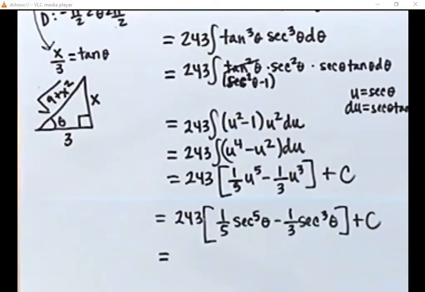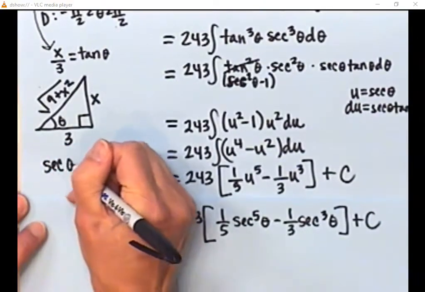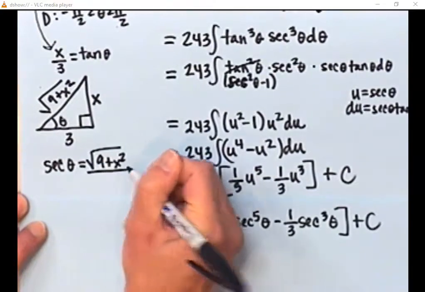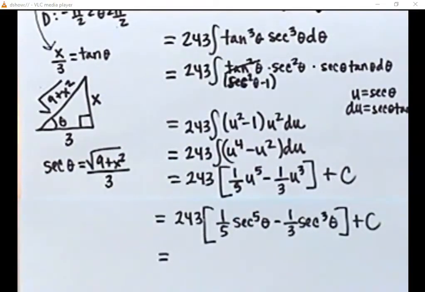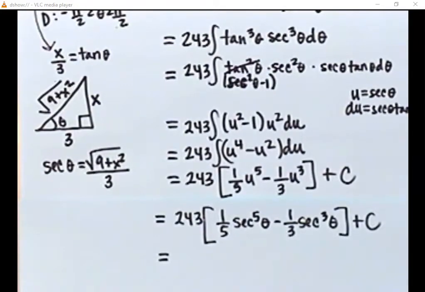Cosine is adjacent over hypotenuse, right? So secant is hypotenuse, which is the square root of 9 plus x squared, over adjacent, which is 3. Adjacent over hypotenuse is cosine, so secant is the opposite of that. So then we just plug that in.